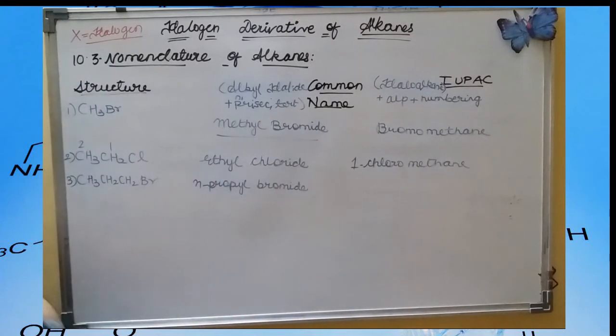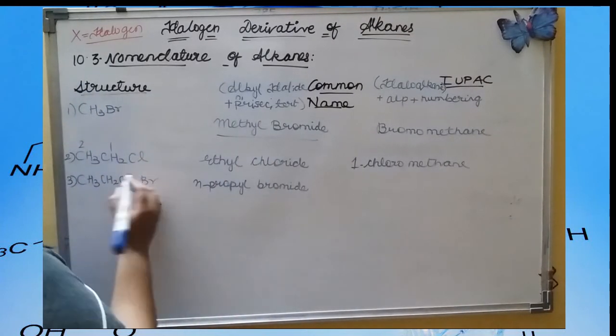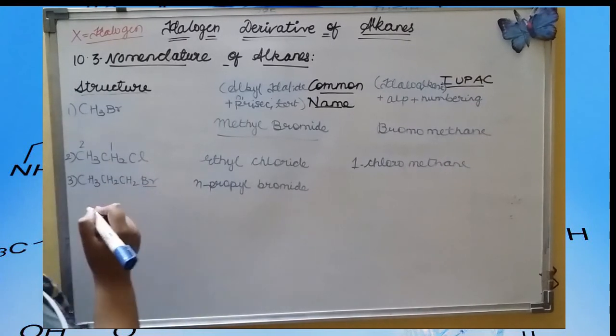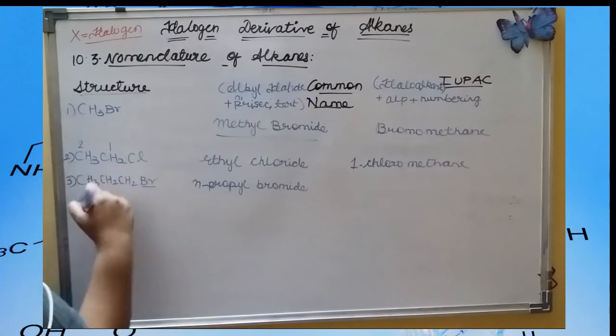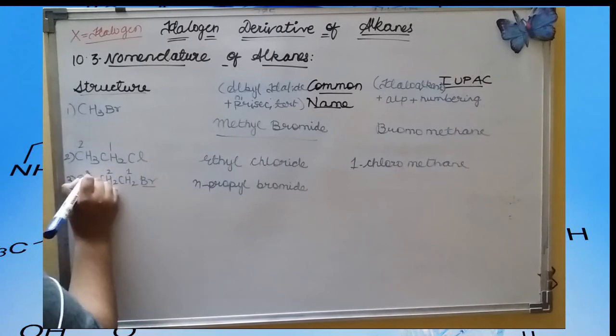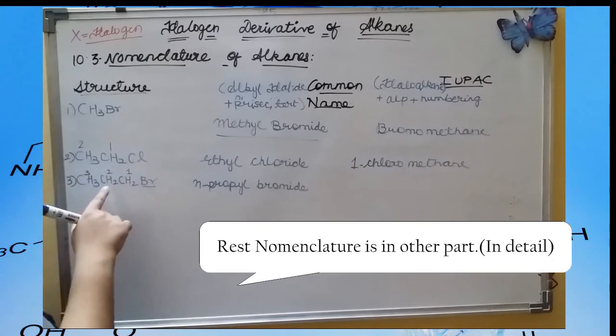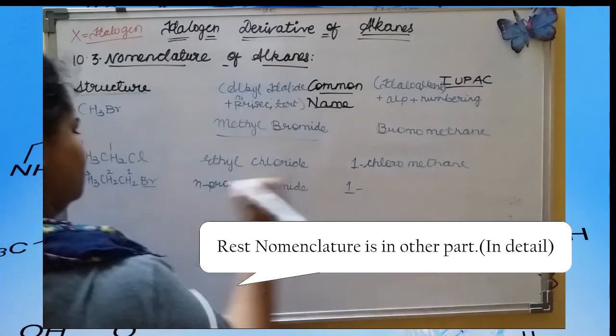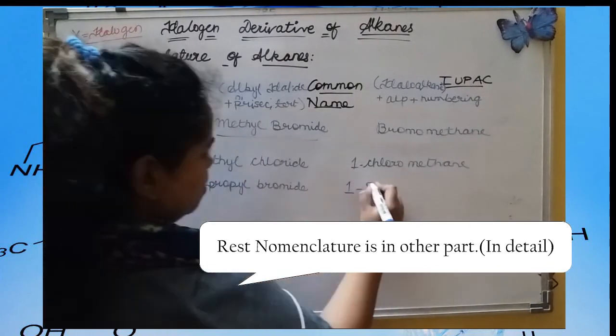Now here in IUPAC numbering, this is the carbon atom which has the halogen group nearest, so 1, 2, 3. So it would be 1-bromopropane.